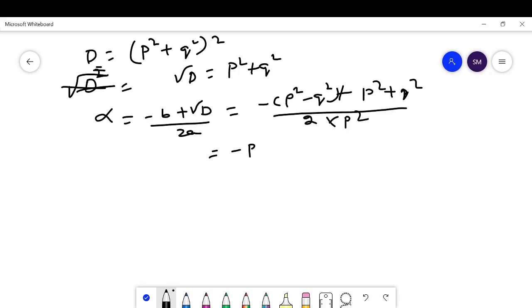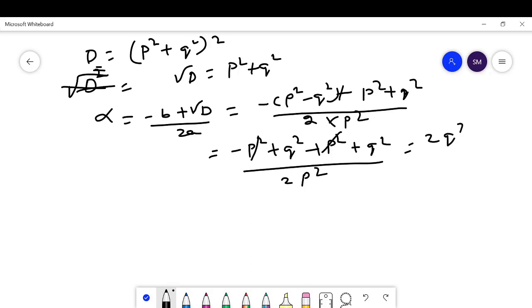This is minus p square plus q square plus p square plus q square upon 2p square. Minus p square and plus p square cancel. We get 2q square upon 2p square. 2 cancel. We get alpha is equal to q square upon p square.